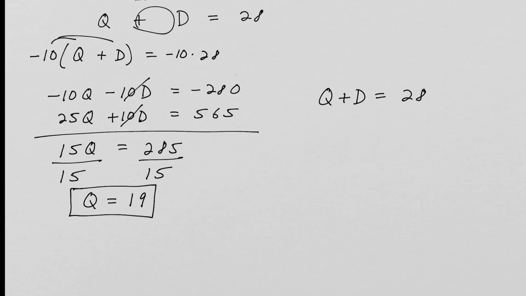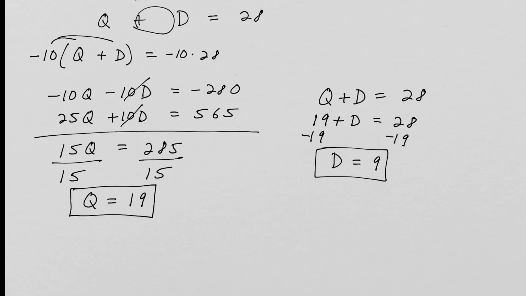You could use either one, but this one's much easier to plug into. So where I have a q, I'm going to plug in 19, and I'm going to solve this for d. Okay, so how do I get d by itself? Well, I need to subtract 19 from both sides. So d equals, and then 28 minus 19 is 9.